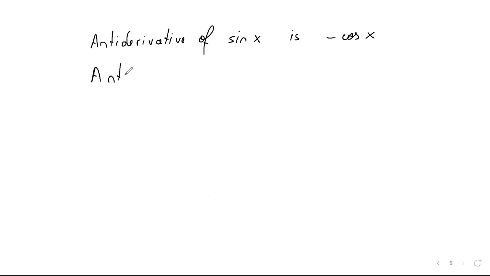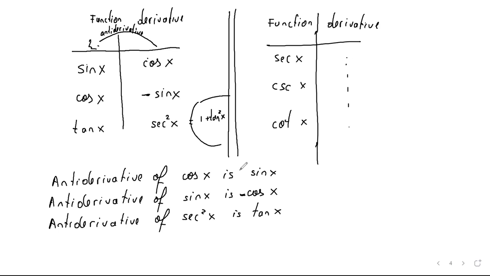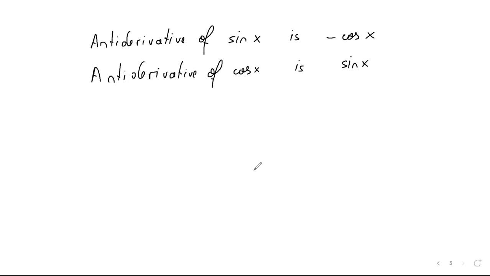The antiderivative of cosine x is sine x. Again, look back in your table, cosine x is sine x over here. And the antiderivative of secant squared x is tangent x.